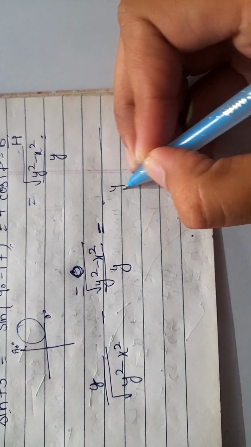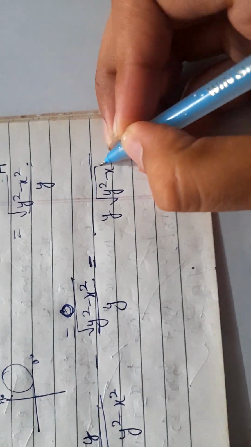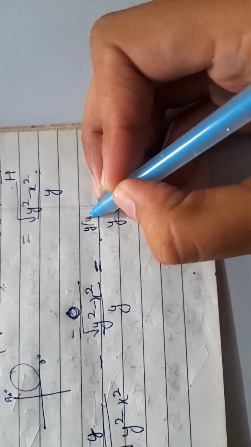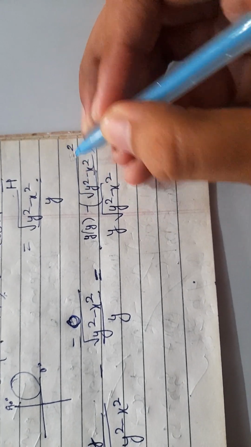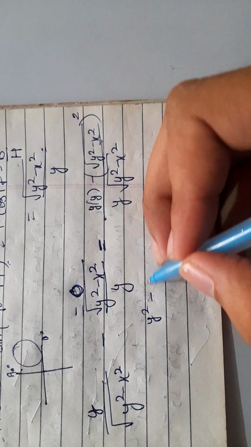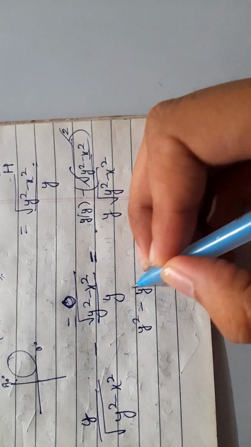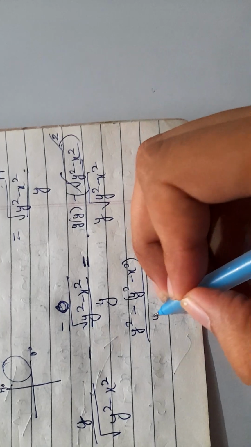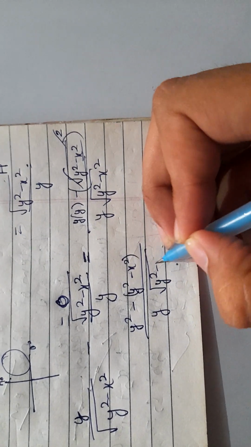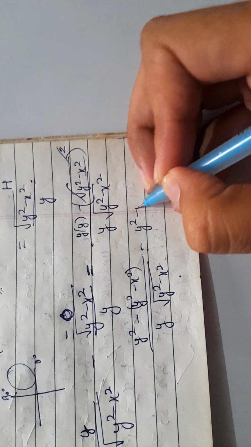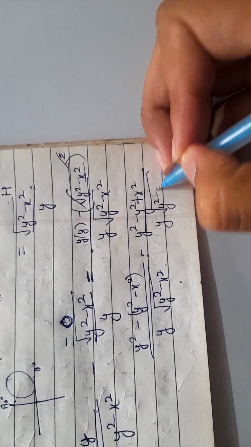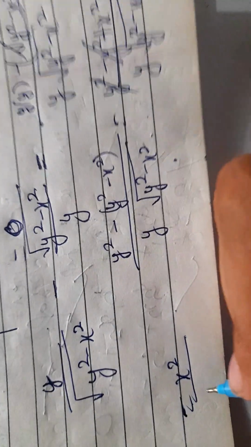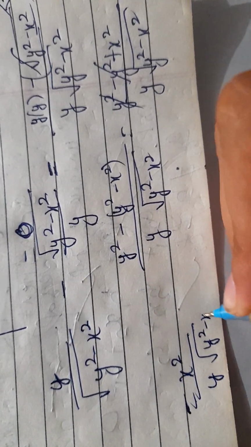Take LCM. y square minus y square minus x square upon y into root y square minus x square, which is y square minus y square plus x square upon y into root y square minus x square. We will get our value x square upon y into root y square minus x square.